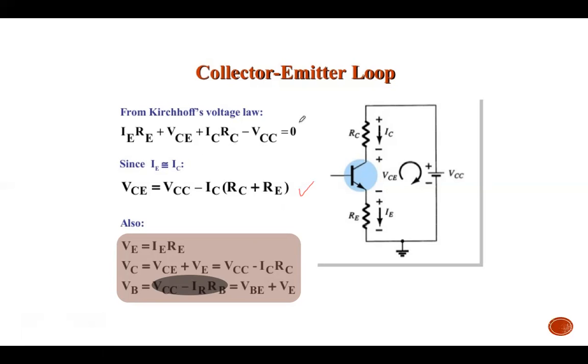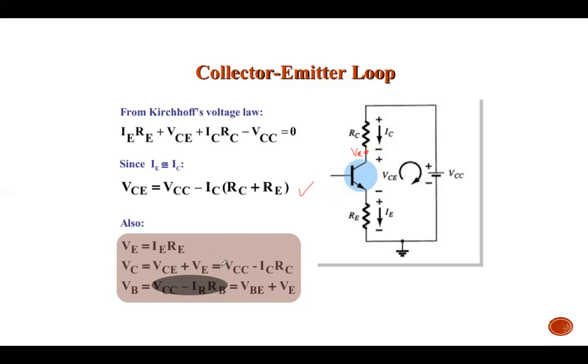Basically, how to solve this is similar to the other circuit. The steps to solve for the voltage and current analysis are the same. Also, you know that VE equals IERE. I already explained this in the previous video.